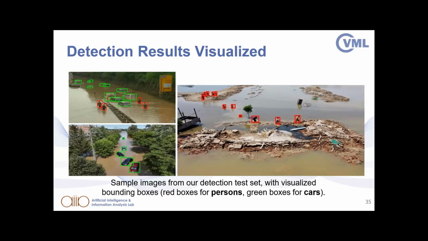Also, on the right image, the model successfully detected all the persons in the image. And finally, on the bottom left image, the model performance is demonstrated in urban flood scenarios, again detecting vehicles accurately.